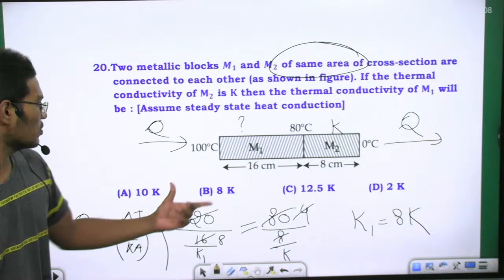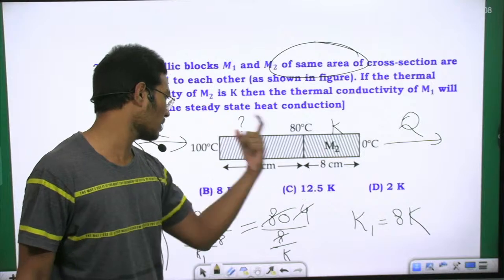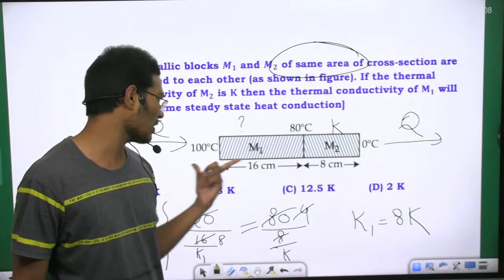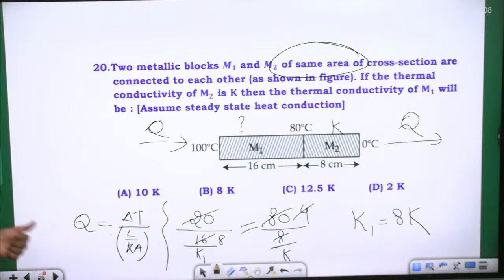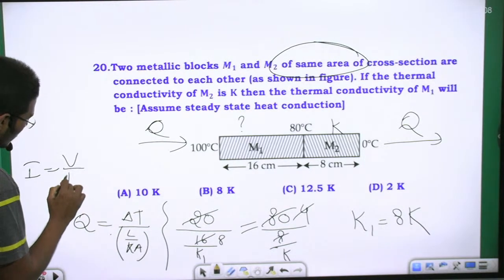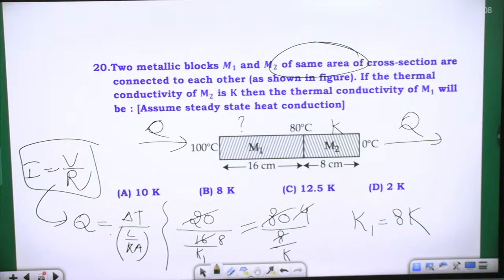We took delta T across first block, delta T across second block, as Q traveling is same. This is analogous to V equal to IR, I is equal to V by R. When connected in series, same current passes through, right? In similar fashion here, same heat passes and we can directly solve it. So it is 8K.